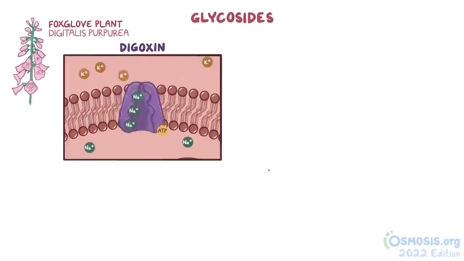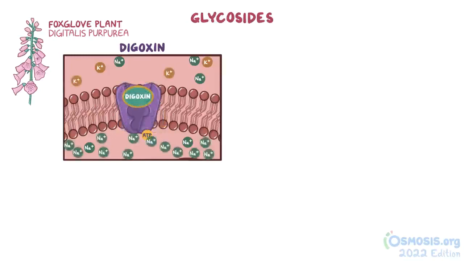Normally, the sodium-potassium ATPase will pump out 3 sodiums for every 2 potassiums that it pumps in, with the help of 1 ATP. When sodium-potassium ATPase is inhibited, less sodium is pumped out of the cell, which builds up the intracellular sodium concentration and decreases the sodium gradient across the cell membrane.